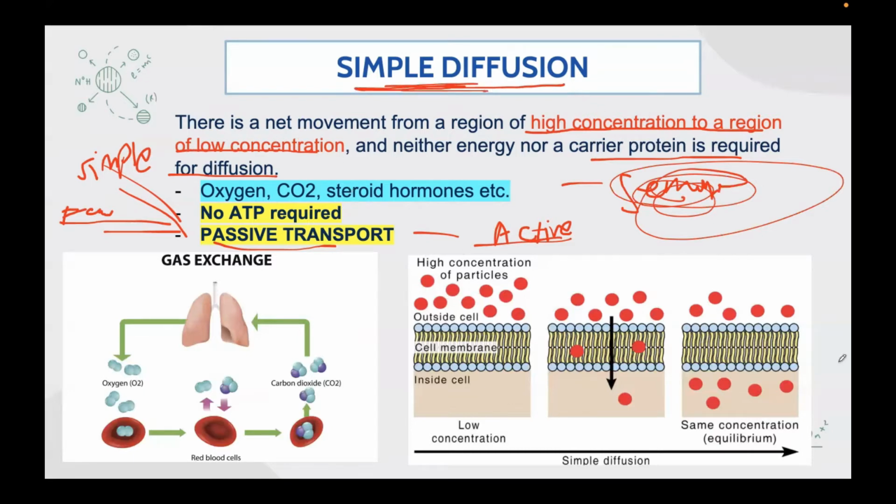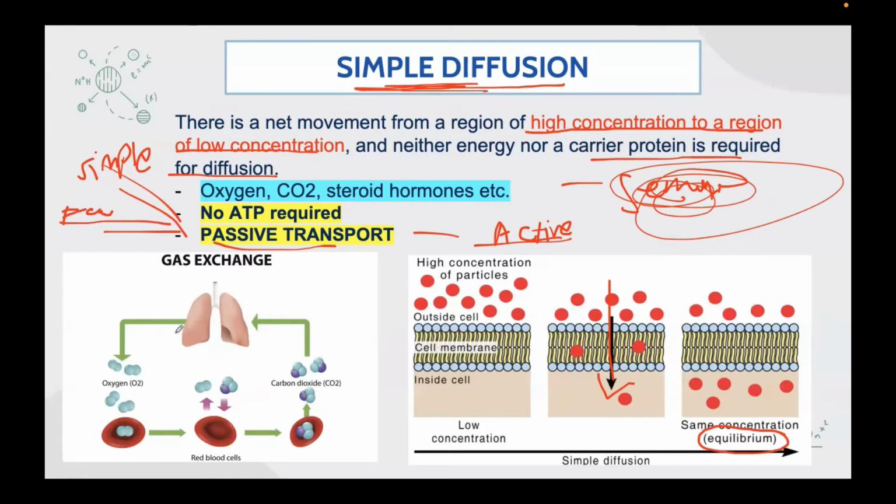So tignan natin sa picture natin on our right side. Okay, sa labas kasi ng ating cell membrane, may high concentration of particles. So, nakadaan lang sila freely to reach our equilibrium sa loob ng ating cell. Okay, wala namang ATP required. Another example of simple diffusion is your gas exchange. Okay, sa ating lungs, meron tayong mga millions of alveoli dyan.